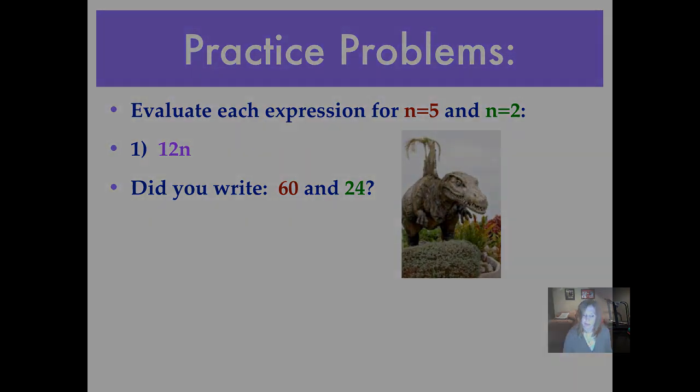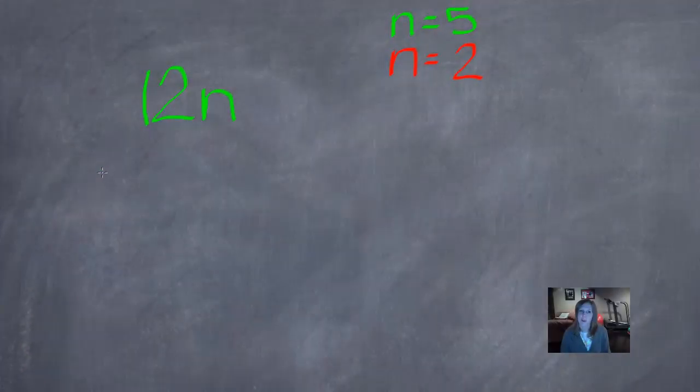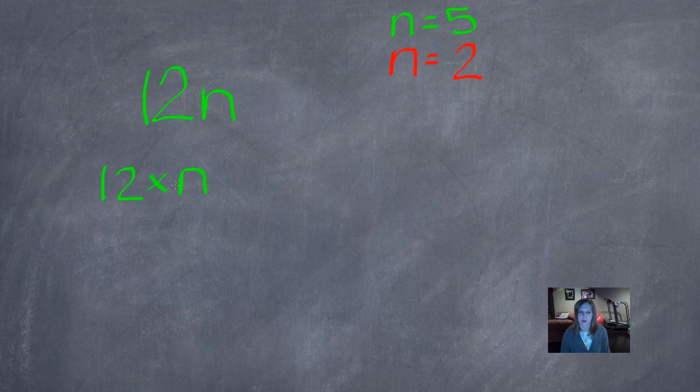Let's go ahead and see how we did that. Since I know that 12n means 12 times n, I'm going to rewrite it like that so it's a little more organized in my mind. Then the first time I'm going to substitute the number 5 for the letter n, because that's what n stands for at this time. So I'm going to put 12 times 5 and then evaluate it. I know that 12 times 5 is 60.